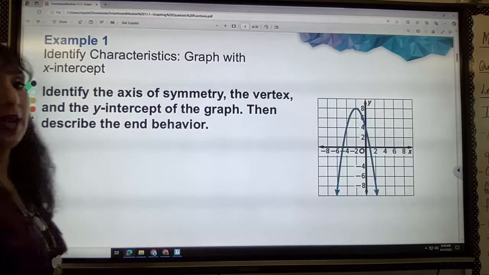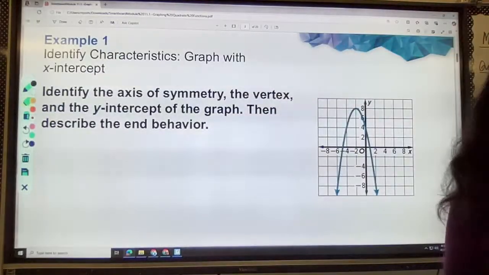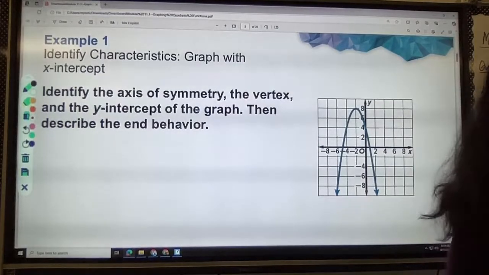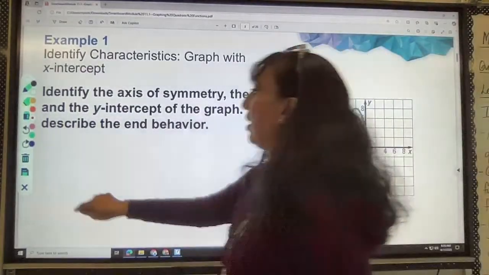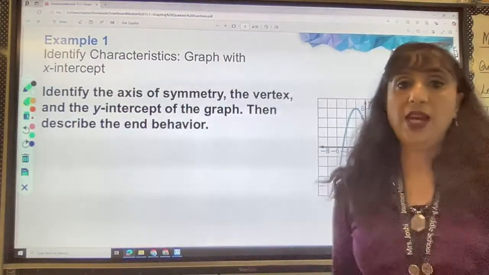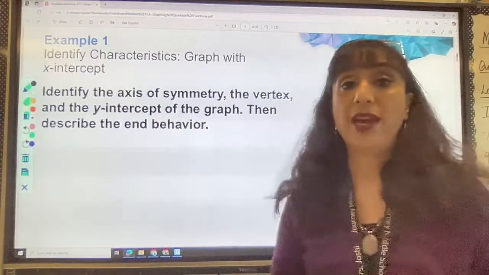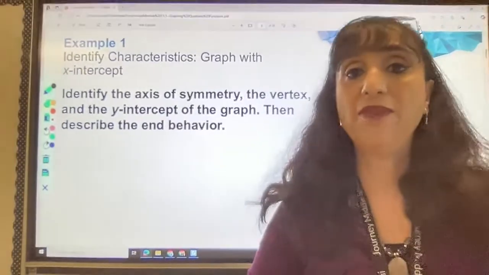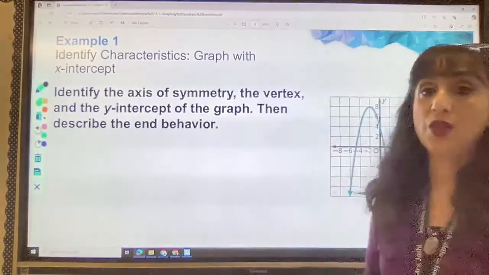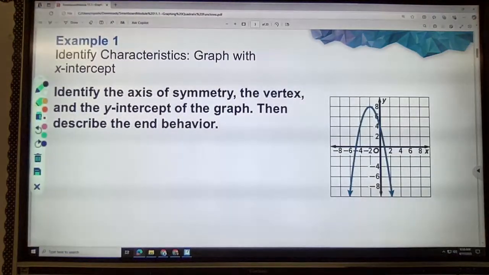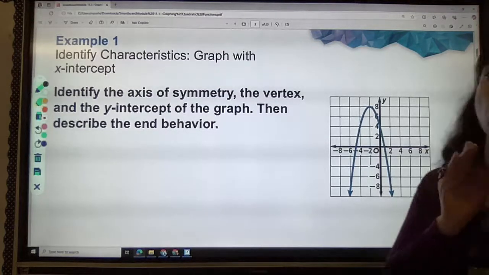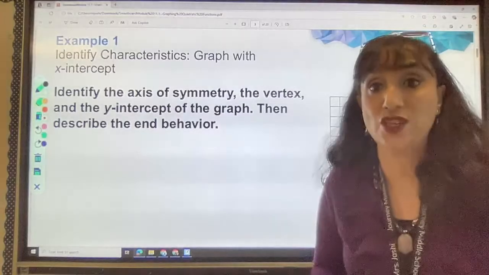All right, so let's look at our graph over here, and there are certain things that we are identifying. We are identifying the axis of symmetry, and we are looking at where the vertex is. We are trying to identify the y-intercept of the graph, and then we are going to describe the end behavior. The first thing I need to do is draw a straight line for the axis of symmetry.